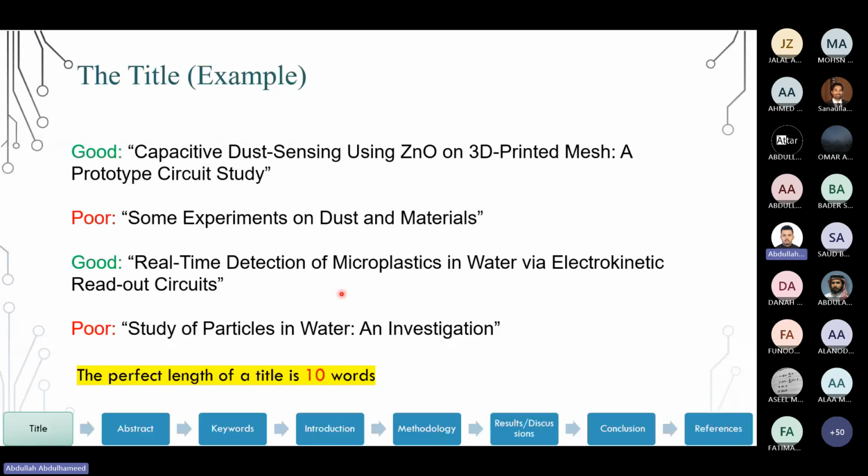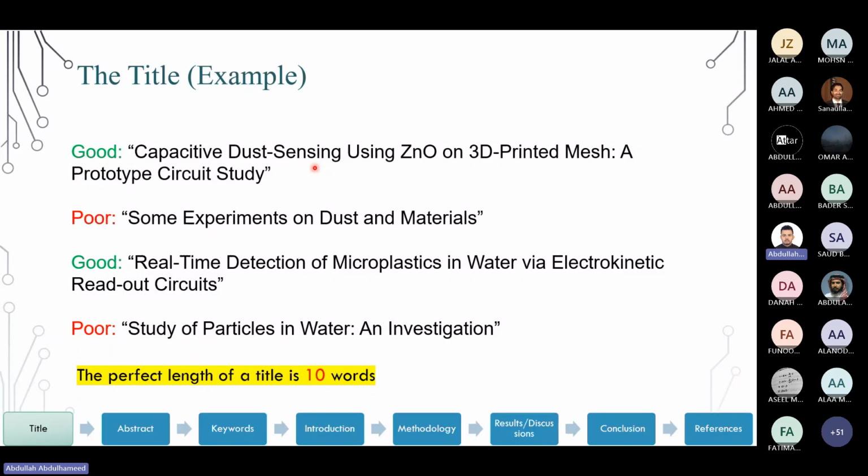For example, the good one here says, capacitive dust sensing using ZnO on 3D printed mesh, a prototype circuit study. This is good. Why? Because first it has some technical terms, for example capacitive, and we also have prototype circuits. So there are technical things, and also it is clear. For example, what is the title about? It is about dust sensing.